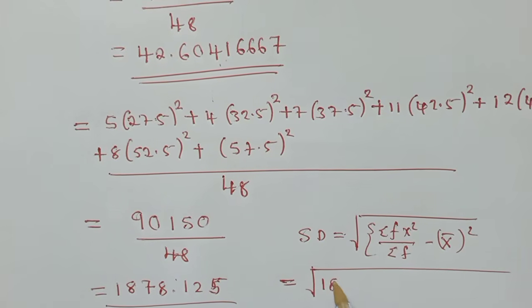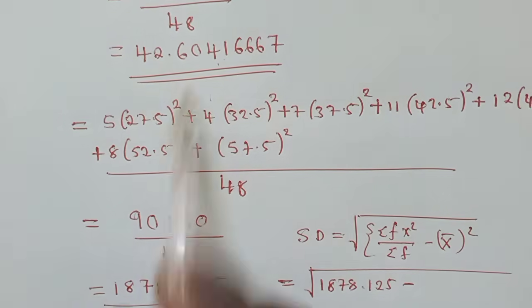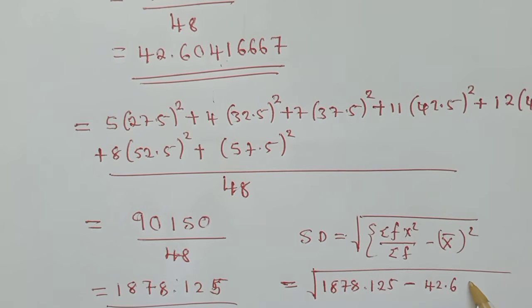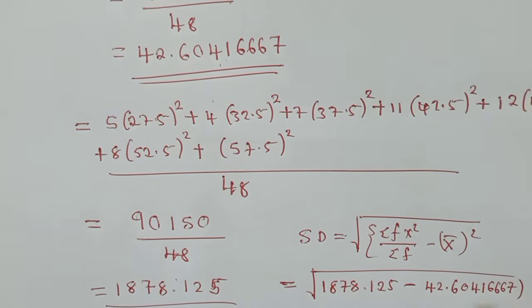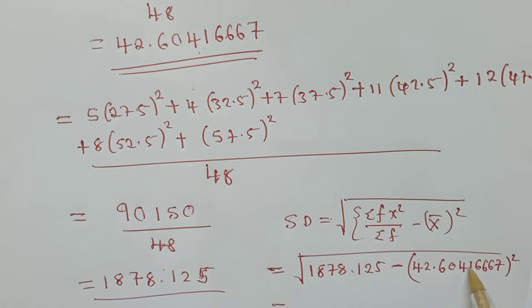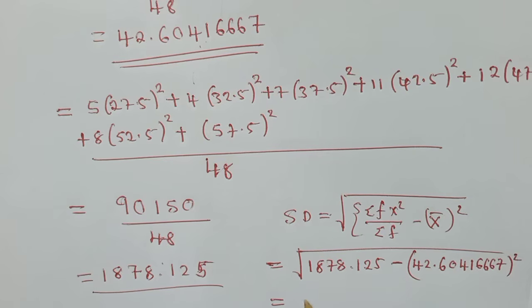So it will be 1878.125 minus the mean. This is the mean, 42.604166667. Everything inside the brackets, and then power 2 for the mean.